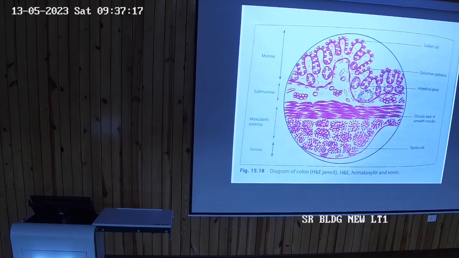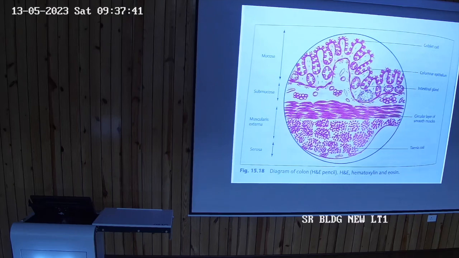These folds contain fat cells. These are named appendices epiploicae, which I will show you in the dissection hall. On the outer surface there are appendices epiploicae. At present you remember, while seeing the slide in the microscope, we will find these features.